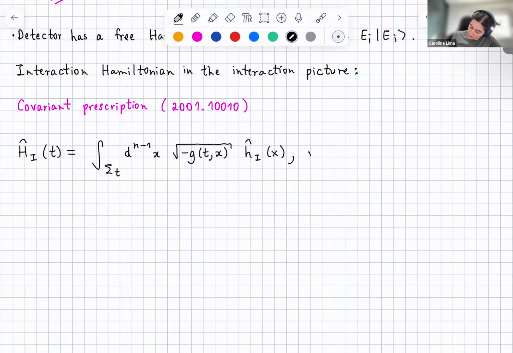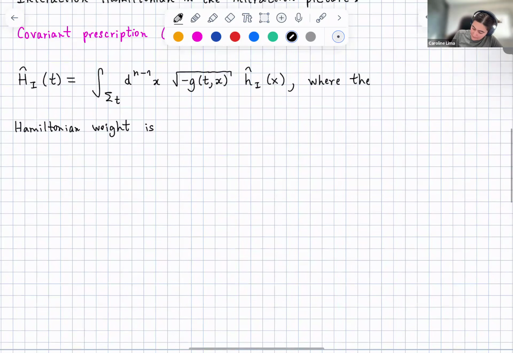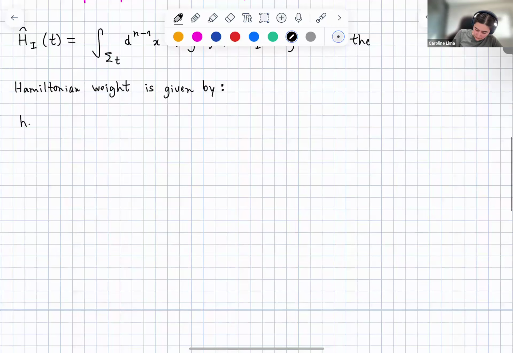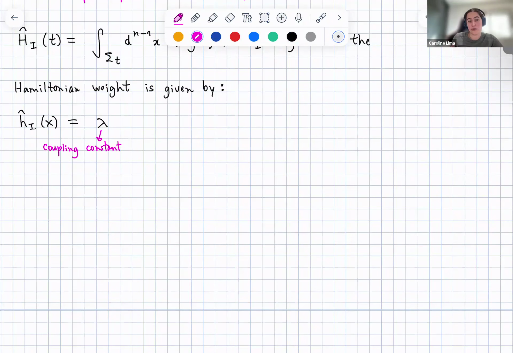And this Hamiltonian weight is given by, so I'll have some coupling constant. So this is just the coupling strength. So what it tells me is basically how strong the interaction is.